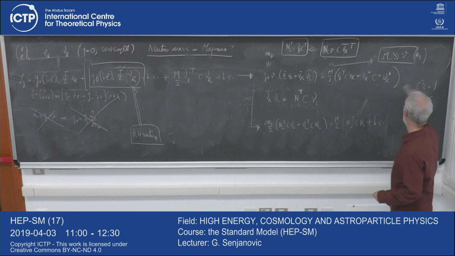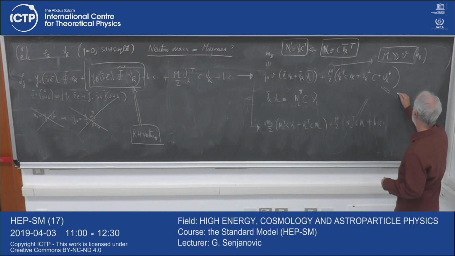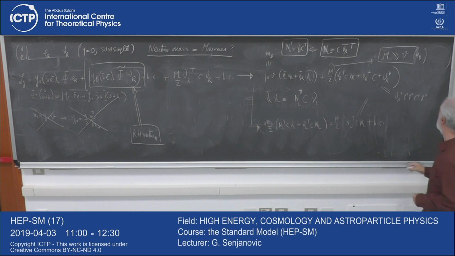The way to do it would be to write this as nu R dagger gamma 0 C dagger. Do I need gamma 0? I guess. Let me try this.